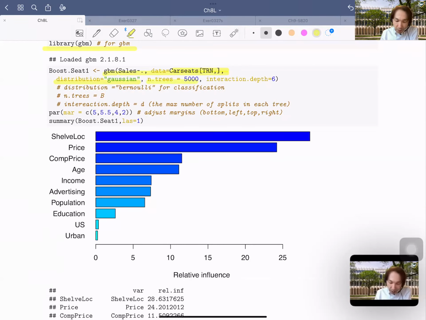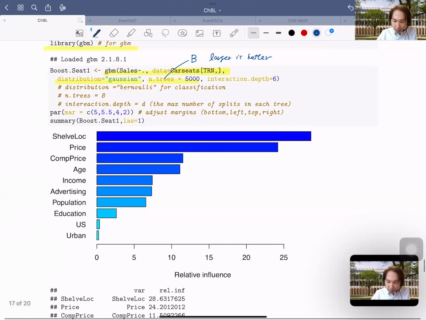And here are some hyperparameters. This is the number of trees, that is B, and basically larger is better. Another parameter, lambda, is the step size. I'm not exactly sure about the option name, but you can specify the step size.